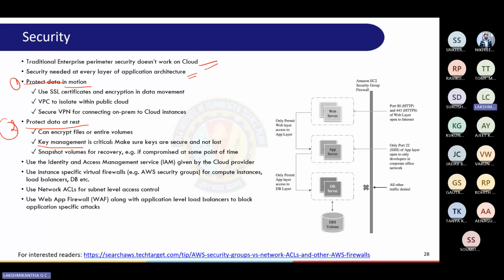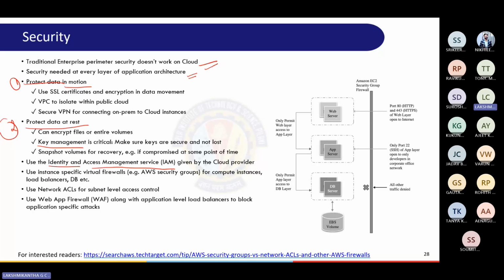And what about access control and firewalls? Guys, the very first point to remember is Identity and Access Management Service, IAM. Use the robust IAM service provided by the cloud provider to manage users, roles, and permissions.